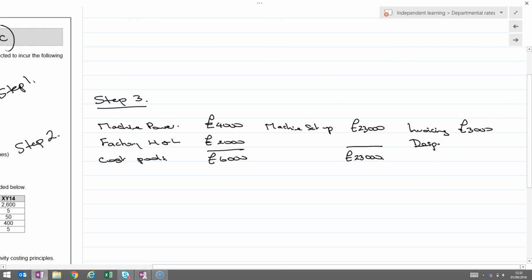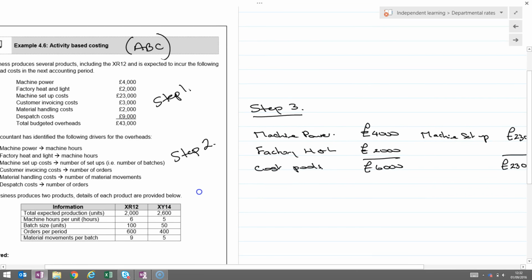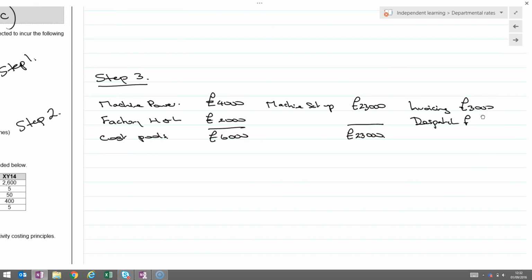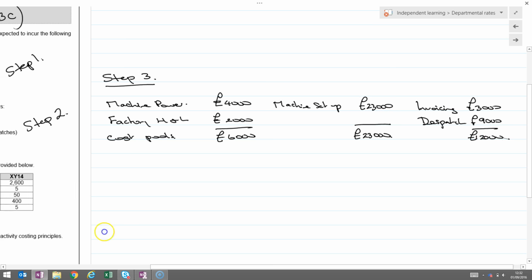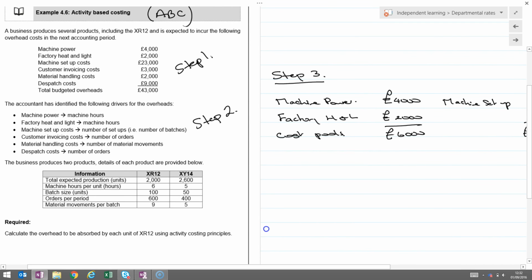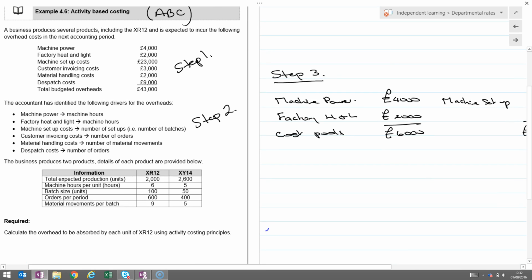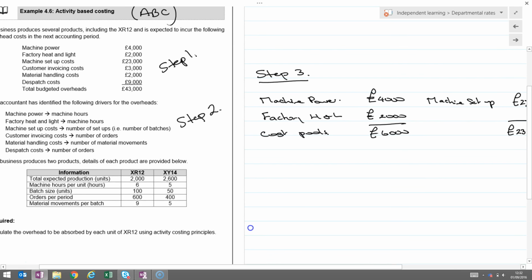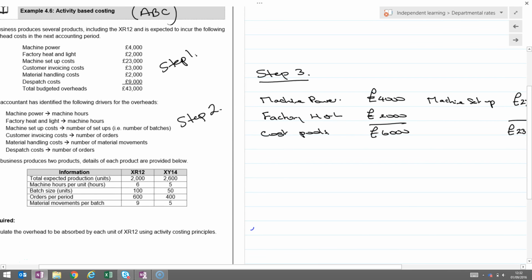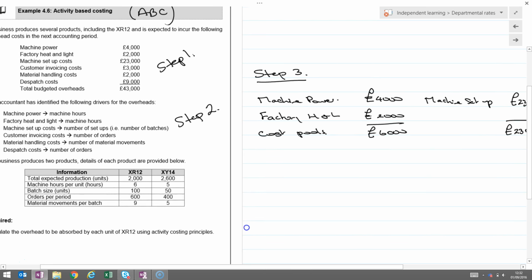Dispatch was 9,000. So there's a third cost pool, £12,000. So that just leaves material handling costs of £2,000, which is in a cost pool on its own.